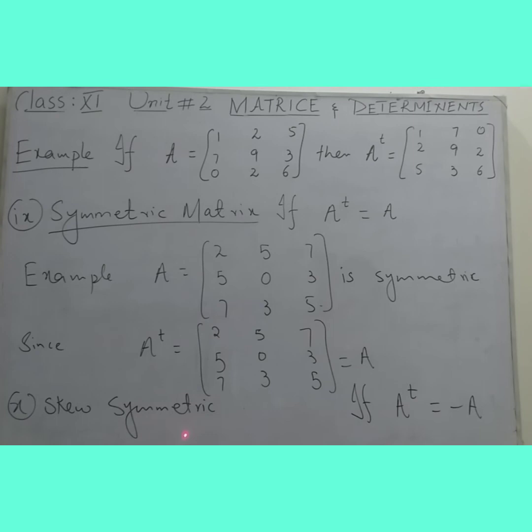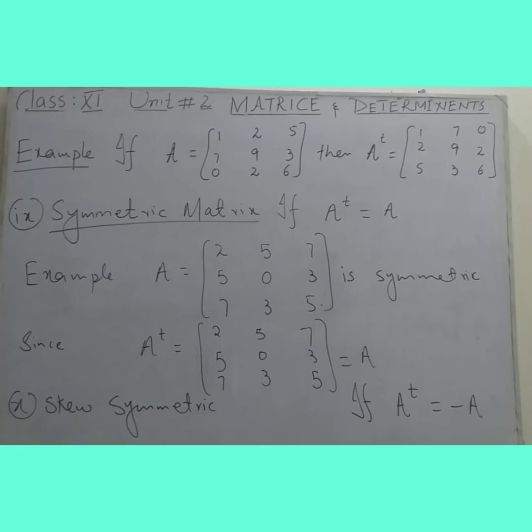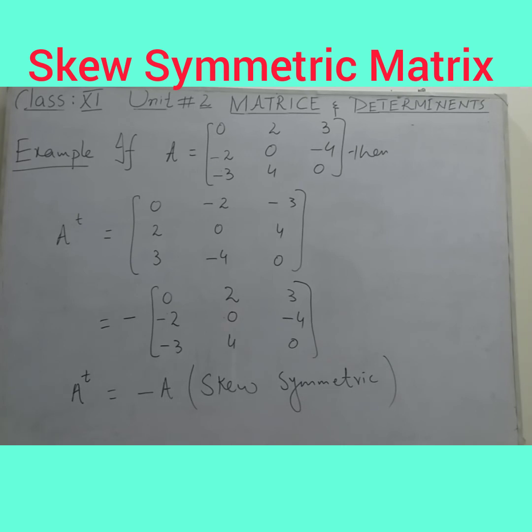Now what is a skew symmetric matrix? If we take the transpose of the given matrix A and it gives the result negative A, the same matrix but with a minus sign, so if A transpose is equal to minus A, then this is called skew symmetric. Now an example for a skew symmetric matrix.